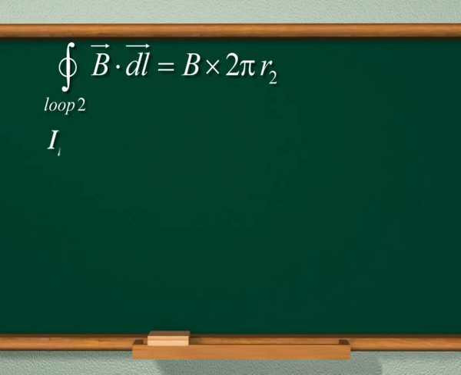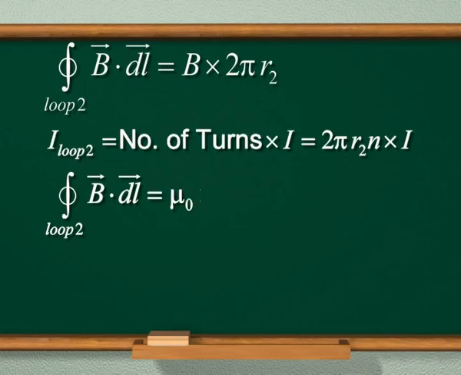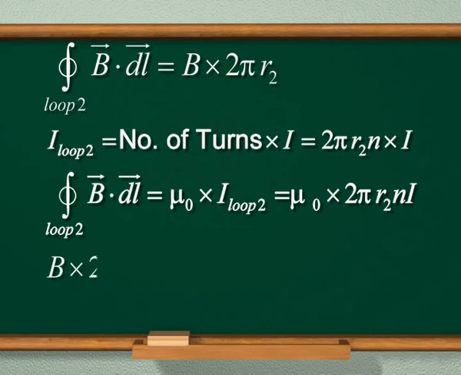Since the current enclosed by loop 2 is equal to the number of turns times the current in each turn, that is 2 pi R2 N into I, according to Ampere's circuital law, the integral of magnetic field B along loop 2 is equal to mu naught times total current, that is mu naught into 2 pi R2 NI, or B into 2 pi R2 is equal to mu naught into 2 pi R2 NI.